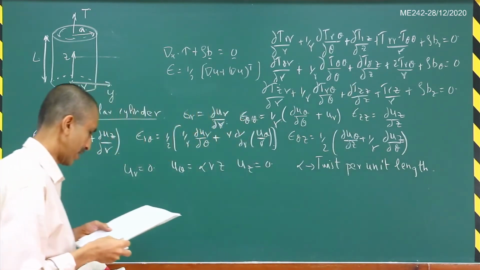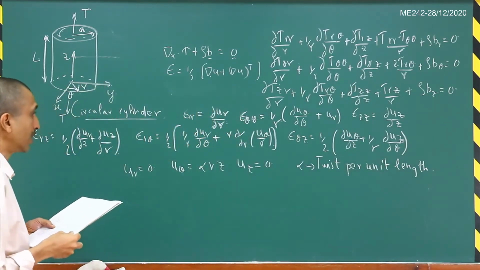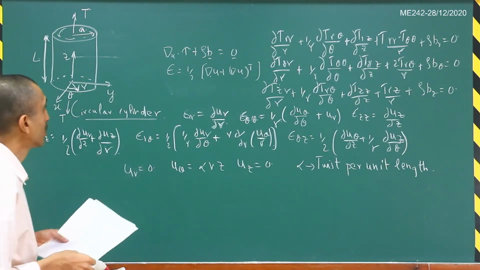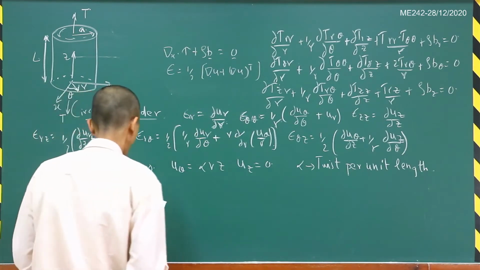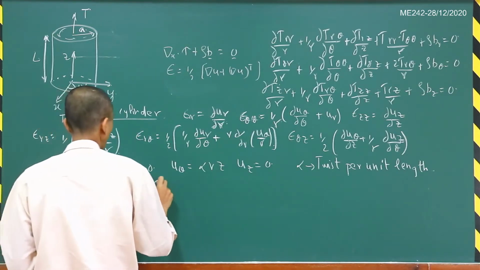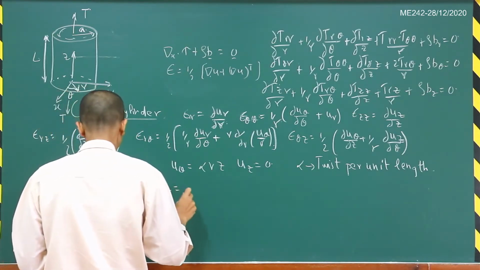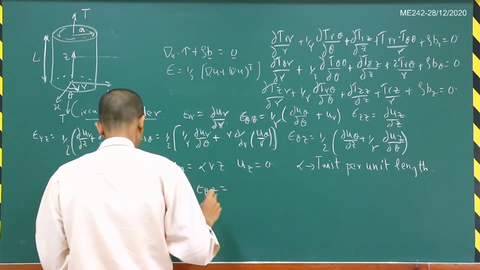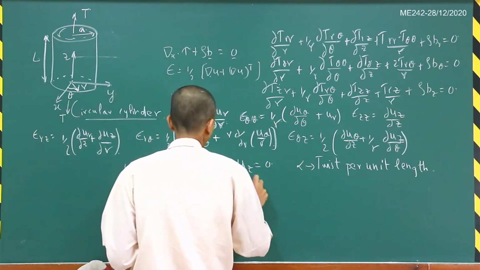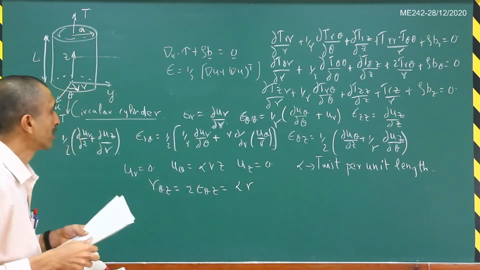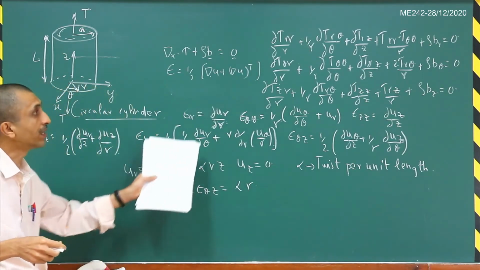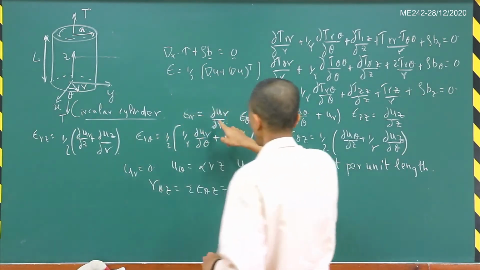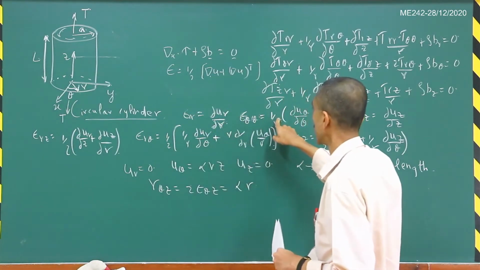Okay, and so the only non-zero strain that results from this is gamma_theta z. So gamma_theta z is equal to 2 times epsilon_theta z, that is equal to alpha times r. So if you substitute this particular displacement field in the strain displacement relation, you will see that epsilon_rr is 0, epsilon_theta theta is 0, and so on.